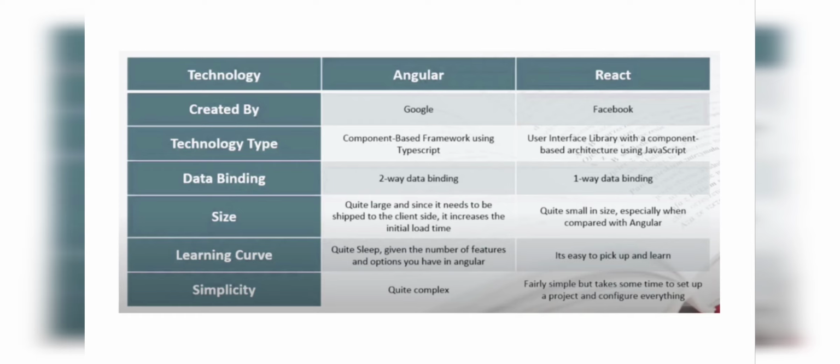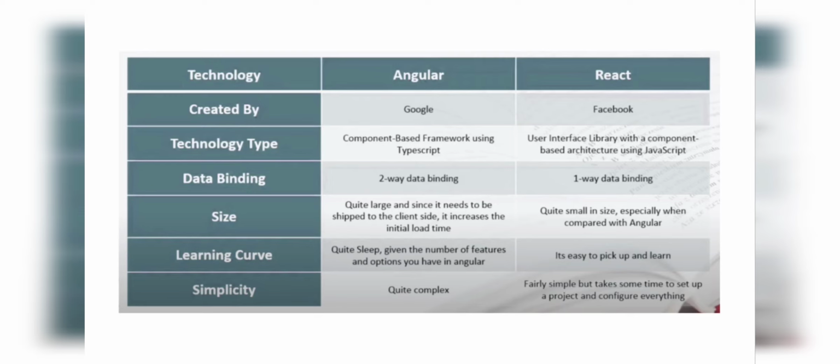The data binding in Angular is two-way data binding, whereas in React it is only one-way data binding. Angular is quite large in size, and since it needs to be shipped to the client side, it increases the initial load time, whereas React is quite small in size, especially when compared with Angular.